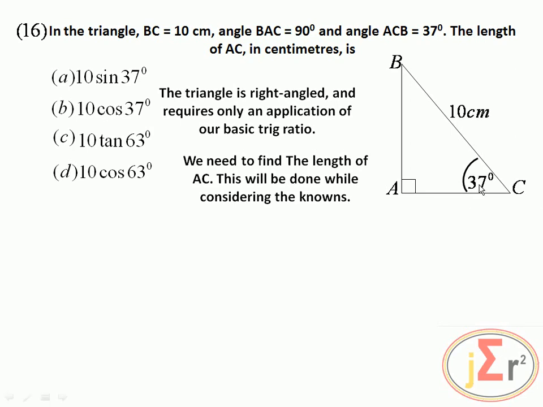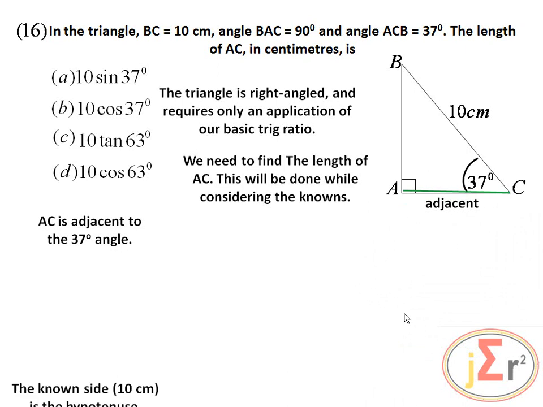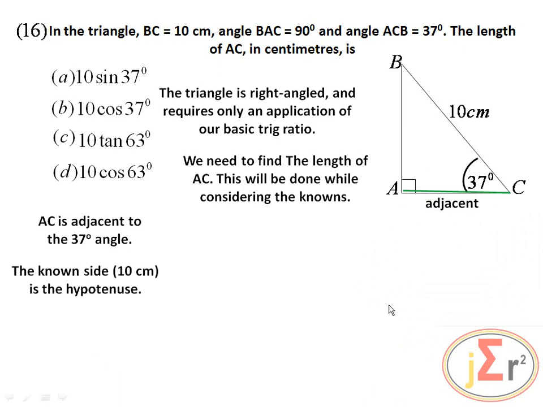This 37 degrees angle and this 10 centimeters. AC is adjacent to the 37 degrees angle. The known side, which is 10 centimeters, is the hypotenuse.